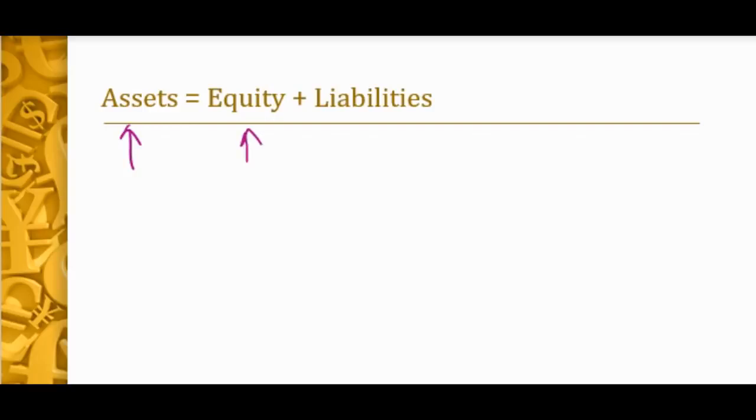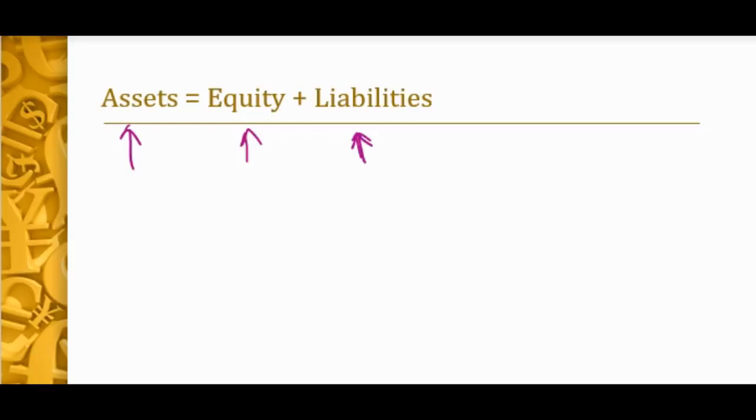Equity is generally the ownership, either by self or through investors, who invest money into the firm. And what are liabilities? Let's say you have taken a loan from a bank, or from your friends or investors, and you need to pay the money back to them. That is called a liability.